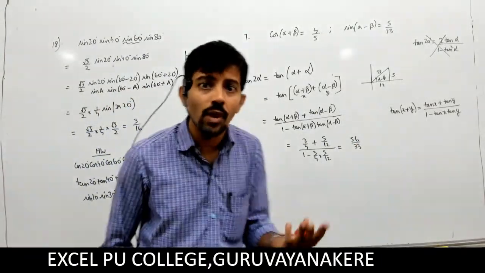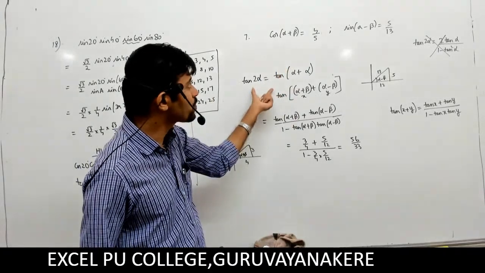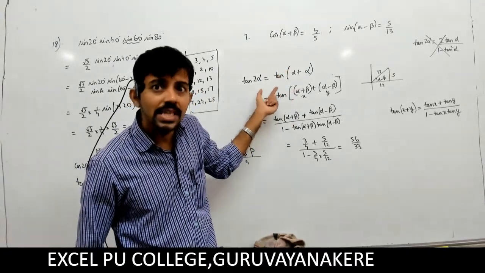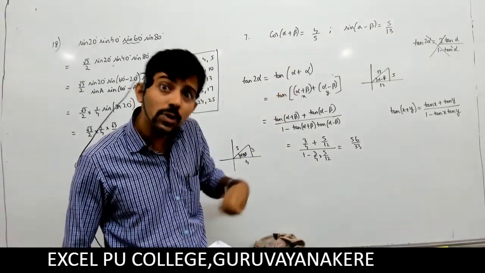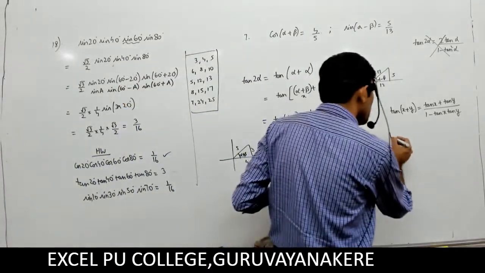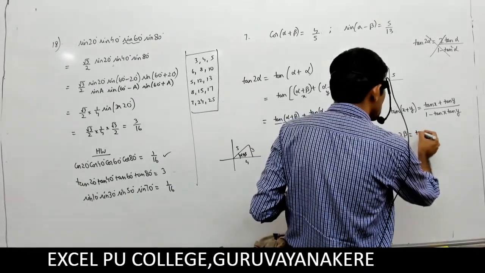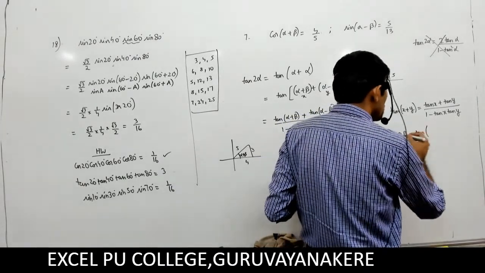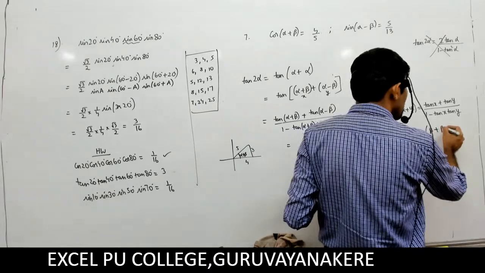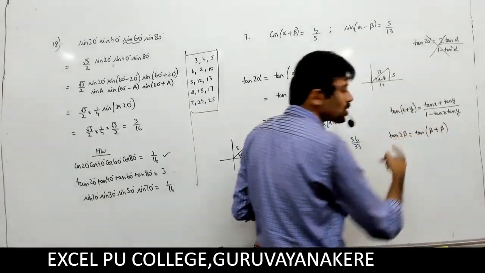How can the question be modified? Learn from this. In this problem, they asked to find tan 2 alpha. Instead of asking tan 2 alpha, they can ask tan 2 beta also. If they ask to find tan 2 beta, you write 2 beta as beta plus beta. Correct? Beta plus beta is 2 beta.